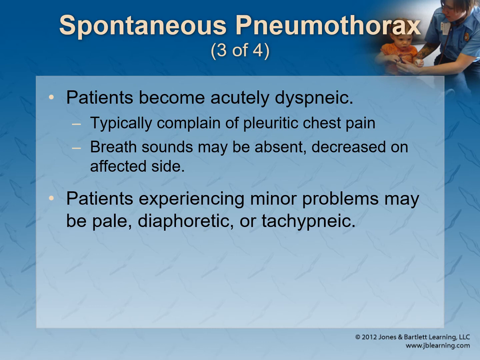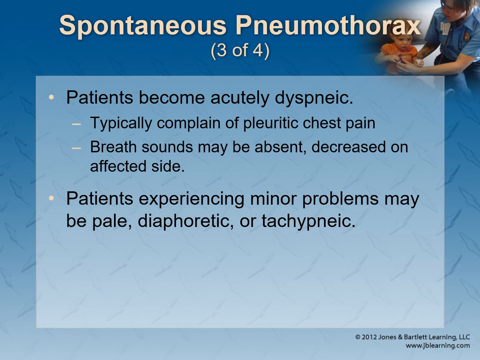By nature of this, they typically come on suddenly. Whatever event is going to cause it happens very quickly, right? So they'll be fine, and then all of a sudden they couldn't breathe. They're complaining of chest pain that is non-cardiac, right? It's not focused on the left side.